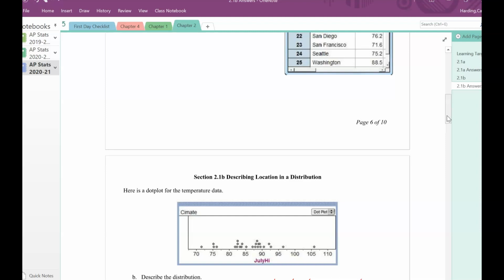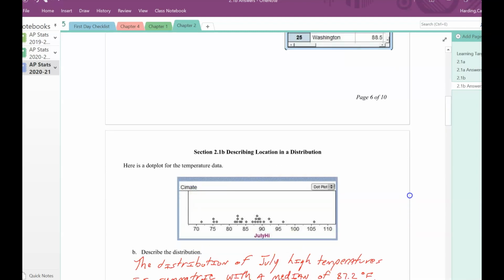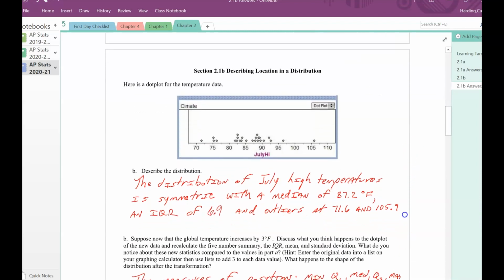Now you might be a little confused briefly there because I said it was symmetric, but then I used the median and IQR to describe it. This is a great example of a relatively symmetric distribution that has outliers. So because there are outliers there, you do want to default to the median and the IQR as your measures of center and spread.